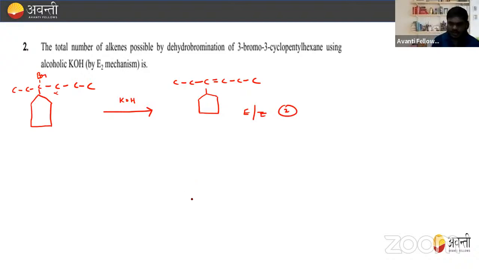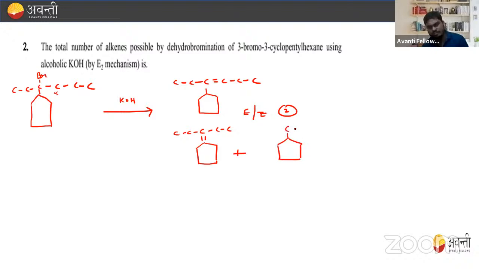Similarly, another important point is how many isomers in total. We have one isomer like this. Another isomer is like this. Another isomer is like this. And another isomer like this.